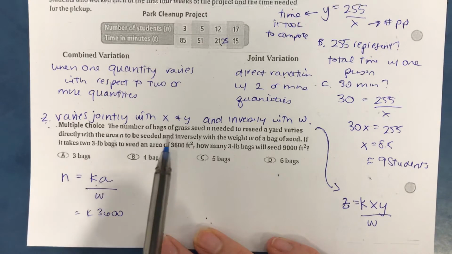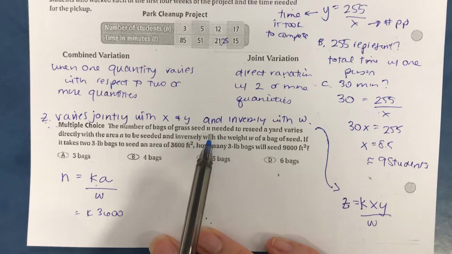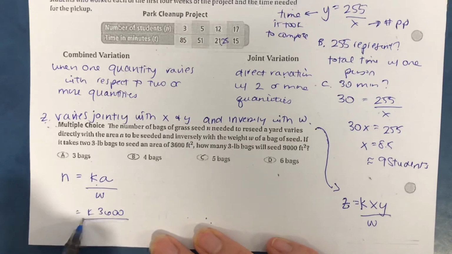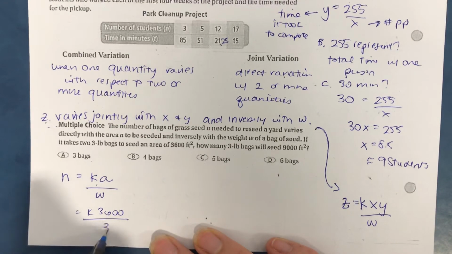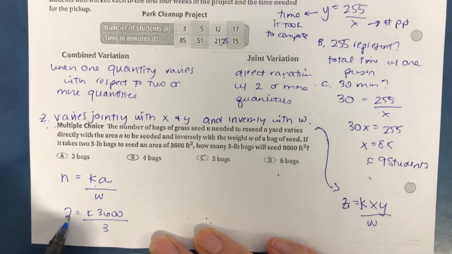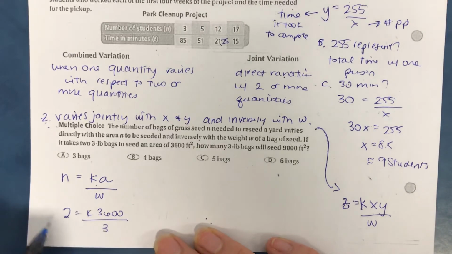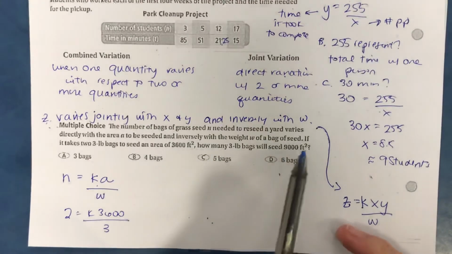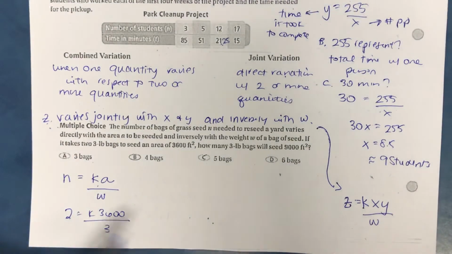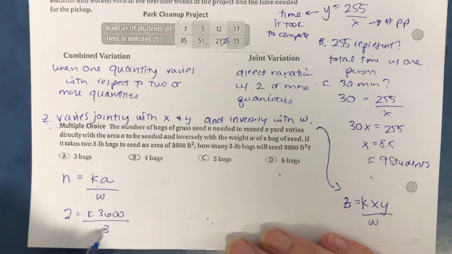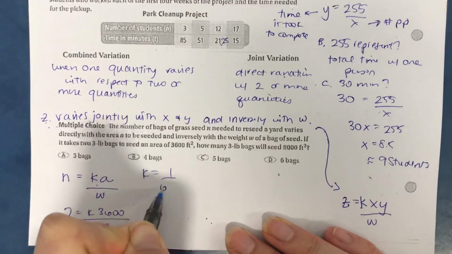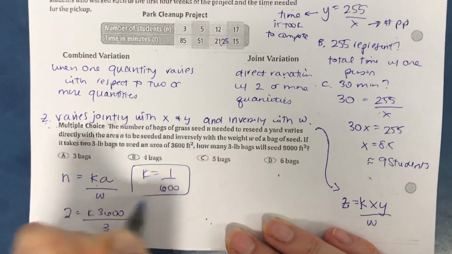N is the grass seed and W is the weight. So we have 3 for the weight and we're using 2 bags. So that would be how we substitute everything in. Basically, I need to know what all the variables mean, then the things that they give me and how those fit in. So if we solve for K, so if I bring over the 3, divide by 3,600, we get 1 over 600 for K.